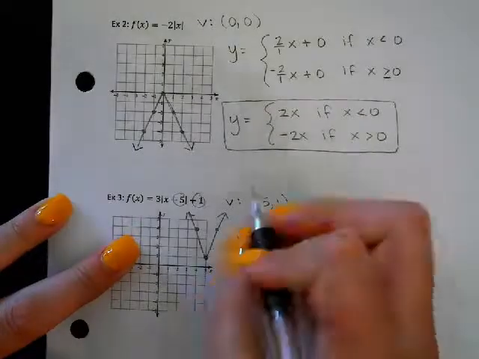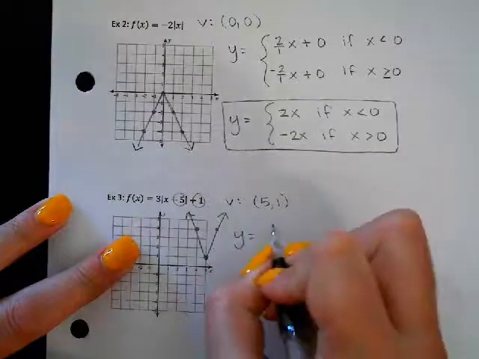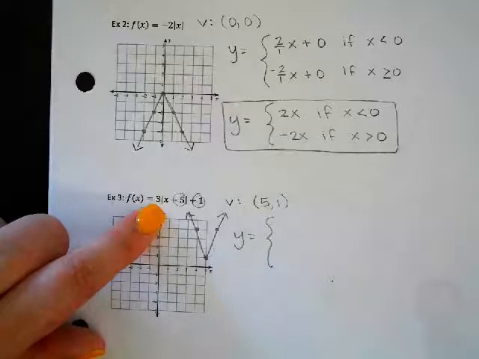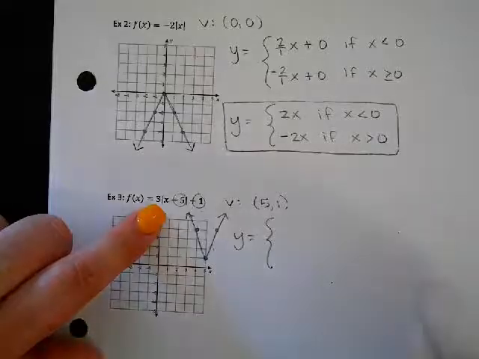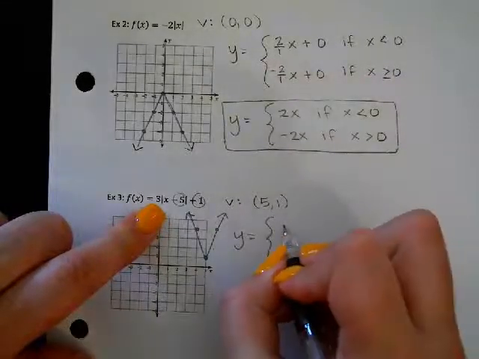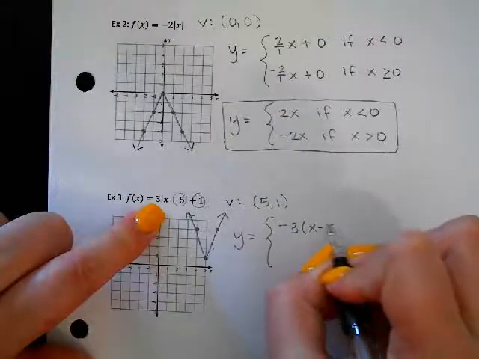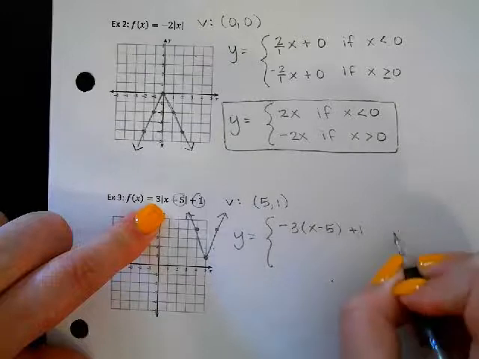Write this down. All right, so we're going to do the negative version, and this is going to be the left arrow.